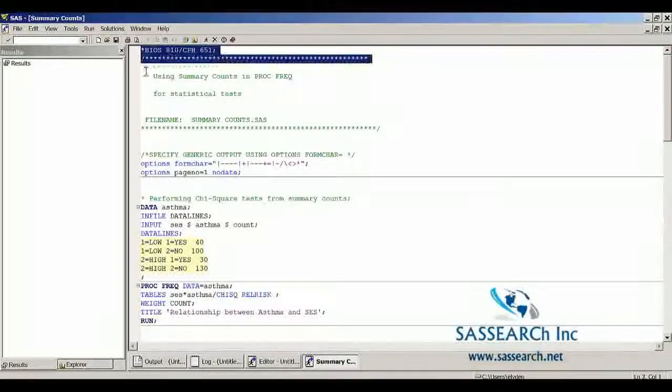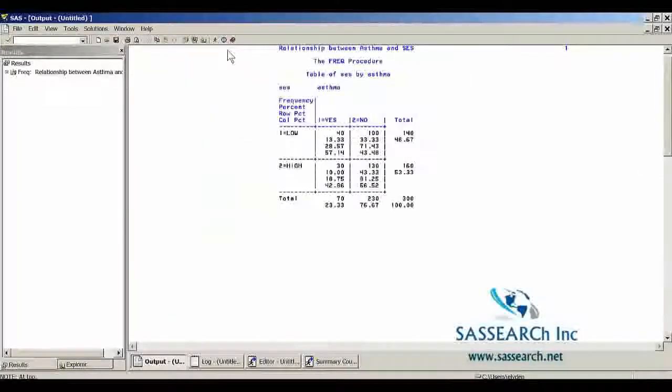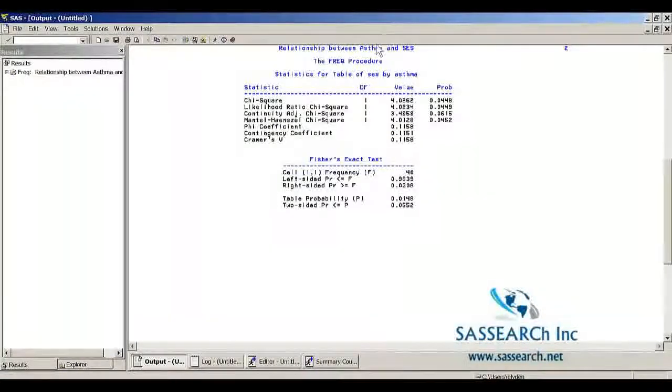So let's take a look at the output here. Here is our table that looks very much like a typical frequency distribution table with the numbers in each of the cells. We have our percentages, row percentage, and column percentage, and we're dealing with 300 participants. Because we requested the chi-square statistic, we have the information that comes with the option of chi-square.